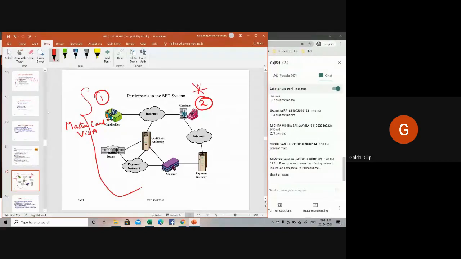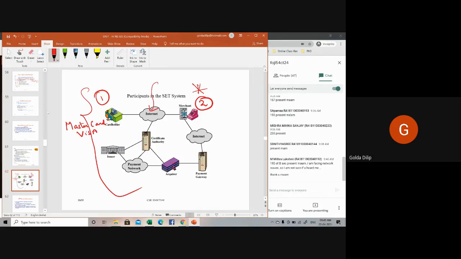This merchant should have a relationship with the so-called acquirer, to accept the payment through the internet, because all this happens across the internet. So that's the second party involved, the merchant.